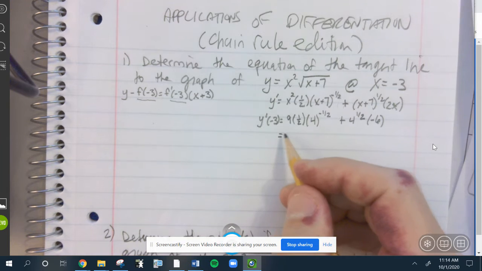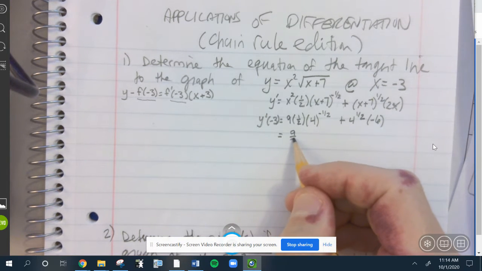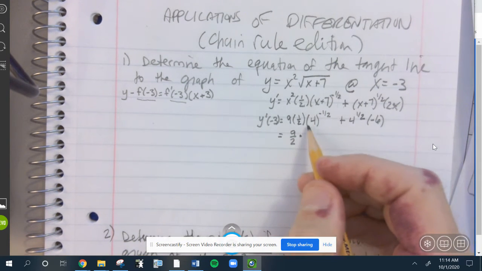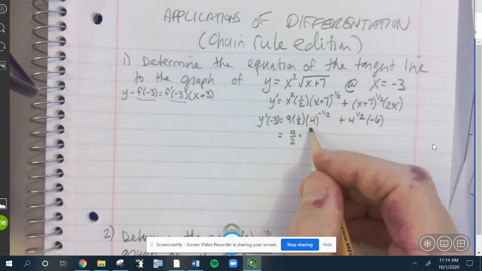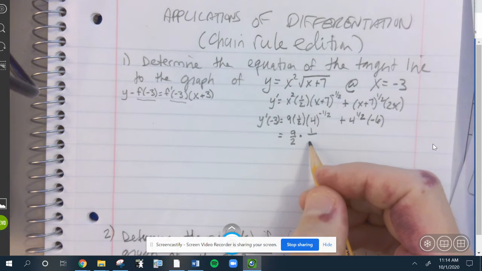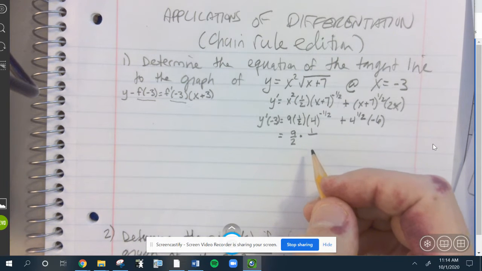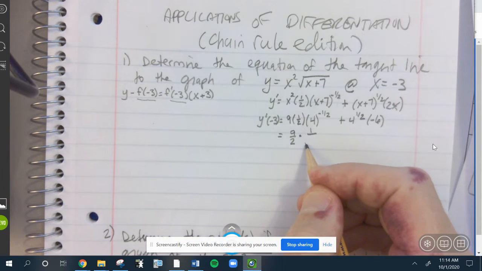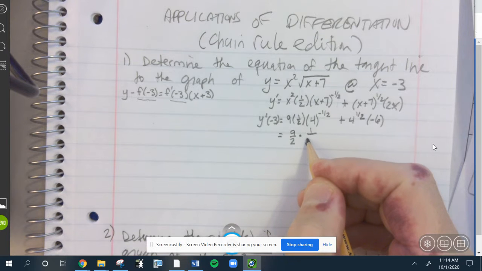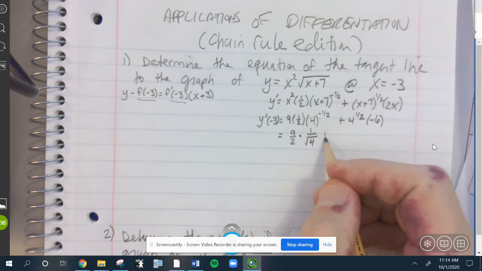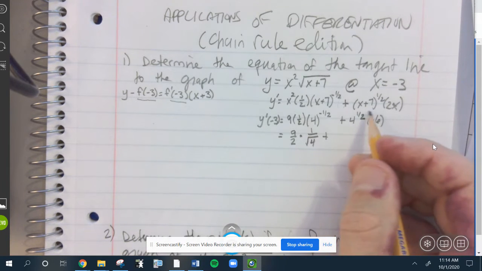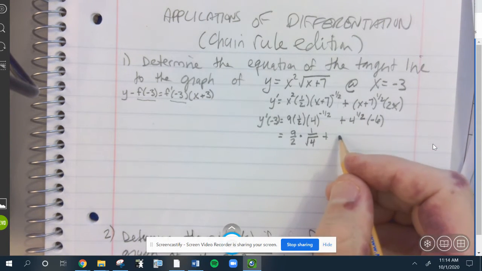So this is 9 halves times. Remember, you have to get rid of the negative exponents. So that's the square root, but it's negative. So it's 1 over the square root of 4. Or it's 1 over 4 to the negative 1/2. I'm sorry, it's 1 over 4 to the 1/2, which is that. Plus, this is a positive exponent, so this just means square root of 4.